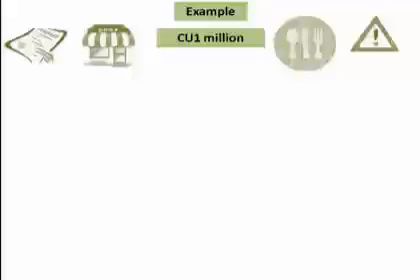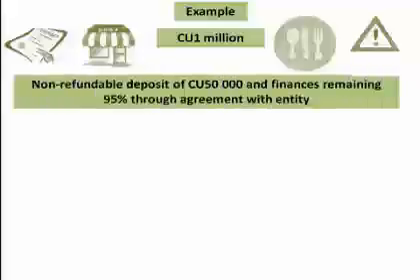A real estate developer enters into a contract with a customer for the sale of a building for $1 million. The customer intends to open a restaurant in the building, in an area where new restaurants face high levels of competition, and the customer has little experience in the restaurant industry. The customer pays a non-refundable deposit of $50,000 at inception of the contract and enters into a long-term financing agreement with the entity for the remaining 95% of the promised consideration.